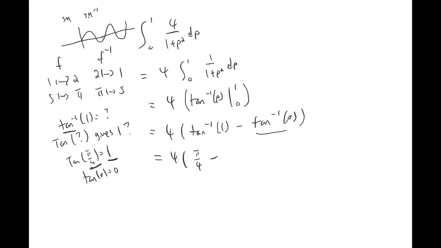If sine takes 0 to 0, pi to 0, 2 pi to 0, 3 pi to 0, so sine of 0 is 0, sine of pi is 0, sine of 2 pi is 0, and so forth, then where does sine inverse of 0 go?